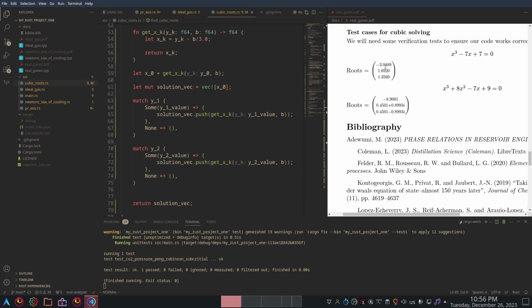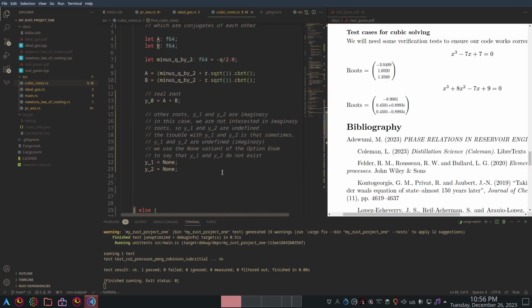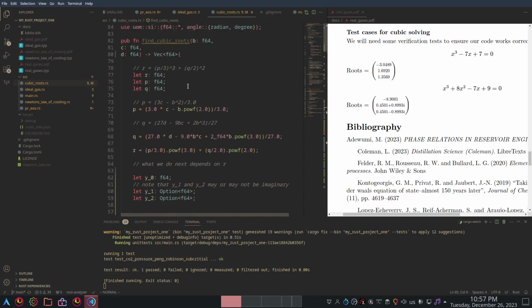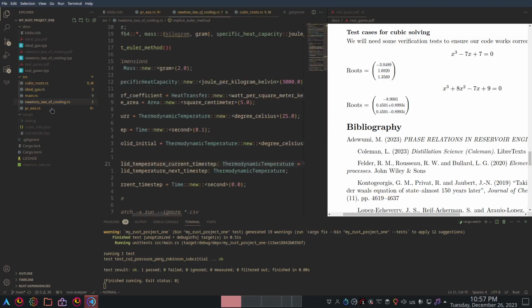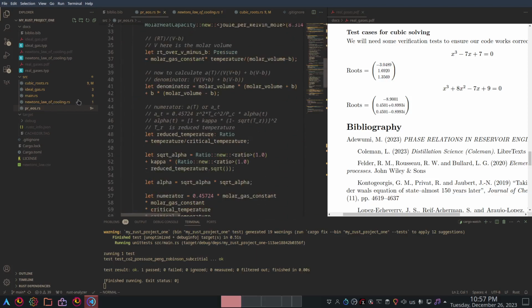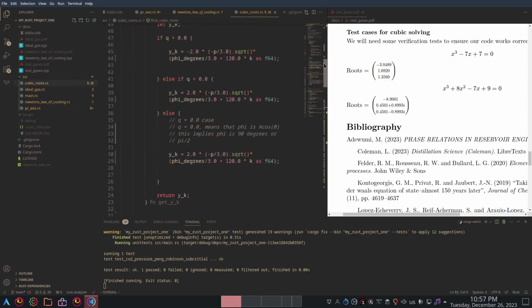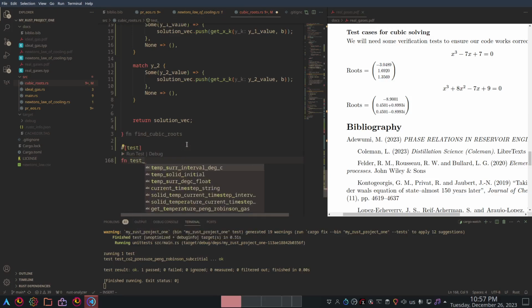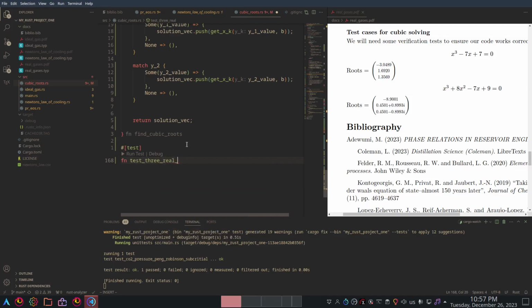Okay, so I want to test the code right now. So let's save this. And where do I test this? Okay, maybe let me make a test here. Okay, test function, test 3 real roots.